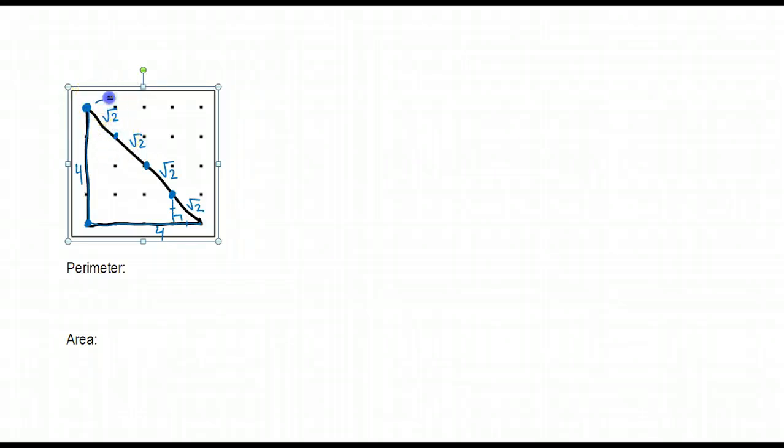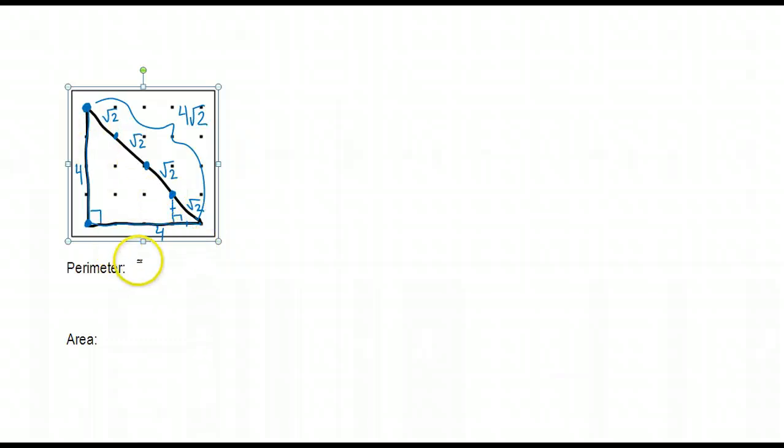So my entire diagonal length is made up of 1, 2, 3, 4 square roots of 2. Which makes sense if I look at this big triangle as an isosceles right triangle, 4, 4, 4 square roots of 2 for my hypotenuse. Remember, in a triangle on a geoboard with square pegs, the diagonal is going to be longer than vertical or horizontal.